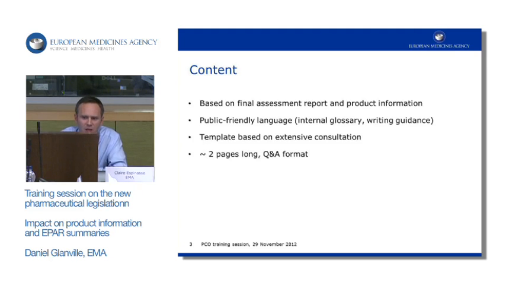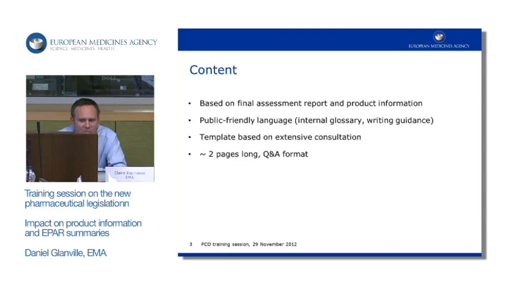The content of the summary is based on the finalized assessment report from the CHMP and the finalized product information. So everything that we put in the EPAR is in principle traceable back to some statement in the documents from the CHMP.